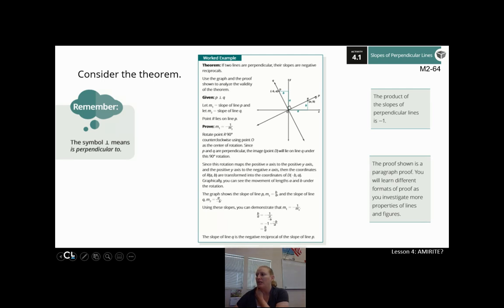So graphically, we can see how they moved, right? A was here and now it's here. So positive, but now instead of x, it's now y. B was going up, but now B is going to the left, so now it's negative, and now it's our x coordinate.